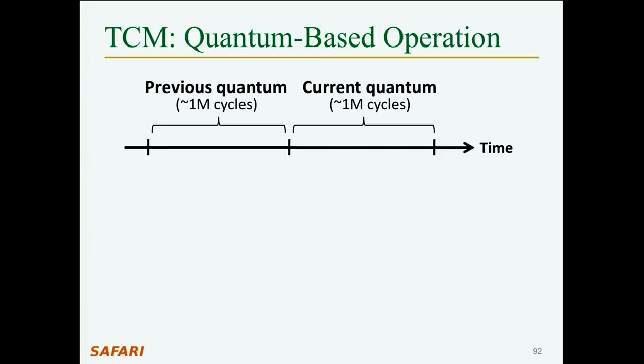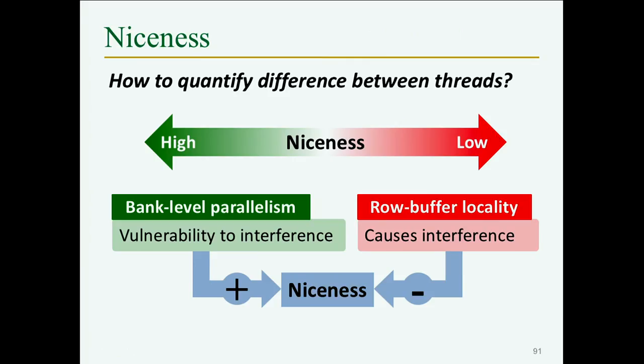The idea is to basically shuffle these rankings such that the nice threads that are vulnerable to interference get more slots to be of higher rank. Unfortunately, I don't have the slides. I forgot to copy them, but when you read the paper, you'll find out.